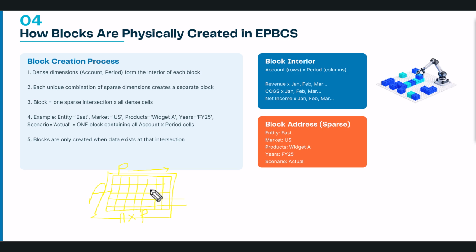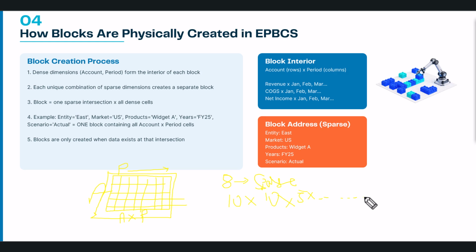Okay. In step 2, let's consider the sparse dimensions. Sparse dimensions decide how many of these blocks get created. For example, in our application, we have 8 sparse dimensions, right? Let's consider each dimension has some members, like 10 into 10 into 5 into, and it goes on.